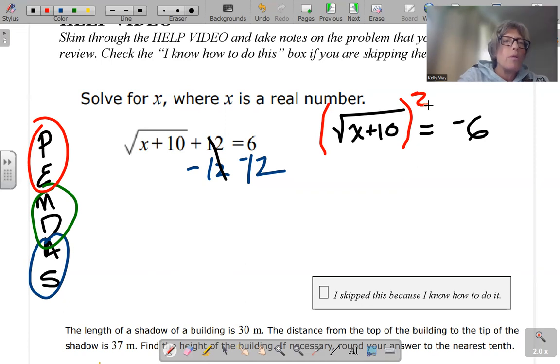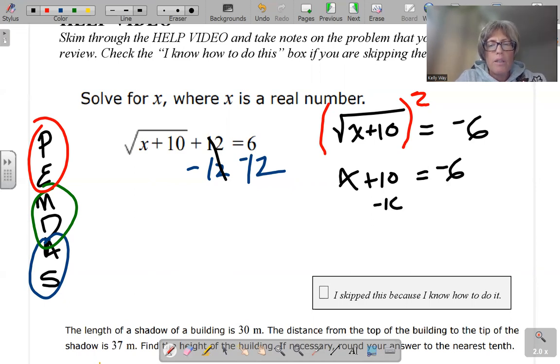So when we square this, it undoes the radical there. So we have x plus 10 equals -6. And we minus 10 both sides. You get x equals -16.